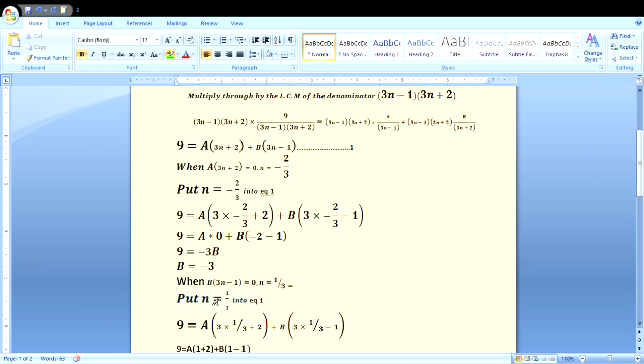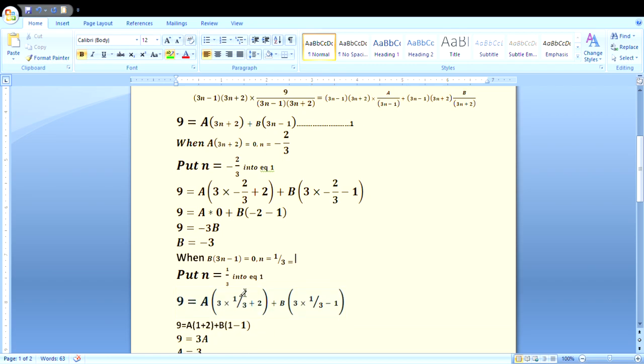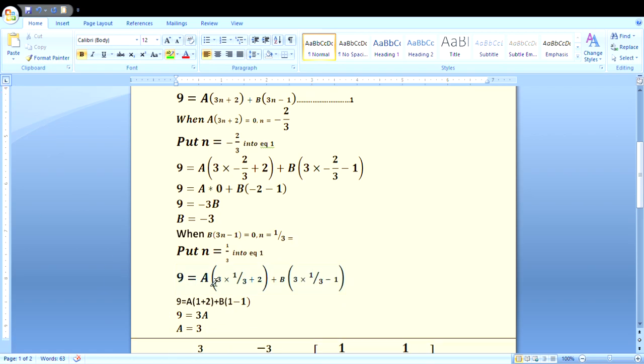Now we put the value of n into equation 1. So here 9 is equal to A open bracket 3 times 1 over 3 plus 2, plus B into 3 times 1 over 3 minus 1. Here 3 cancels 3, what is left is 1. 1 plus 2 gives 3.